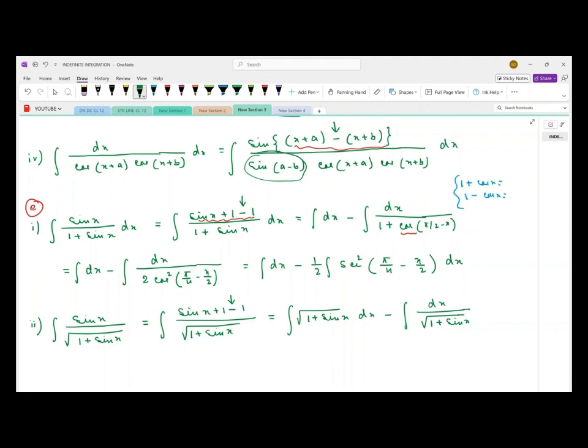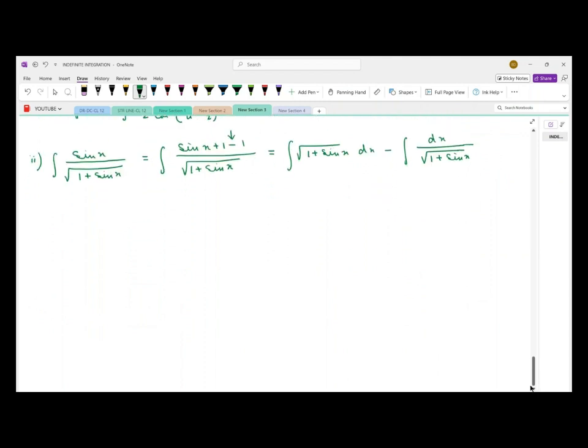So again, by the same logic that I don't want to stay with 1 plus sin x, I want to go to 1 plus cos x so that I can apply the trigonometric formula. So next thing we do is change the sine to cos. So this becomes root over 1 plus cos of pi by 2 minus x, minus dx by root 1 plus cos of pi by 2 minus x.